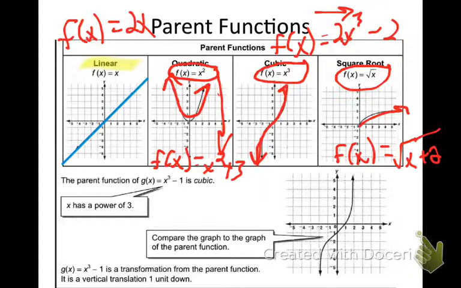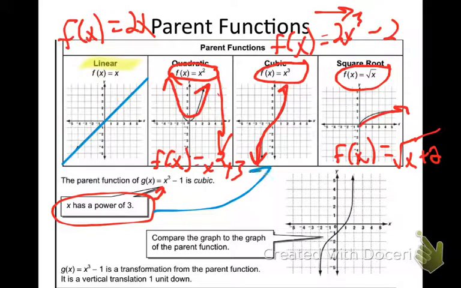Again, anything with a radical would have a square root type function and follow the same idea. Now, if you look down at the bottom at a parent function here, x has the power of 3. So the basic graph type would be a cubic graph.